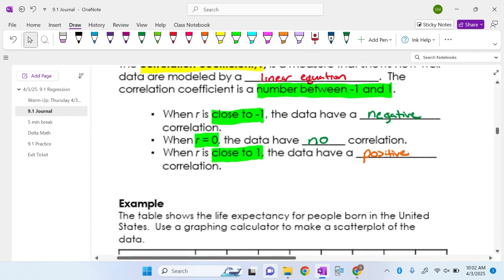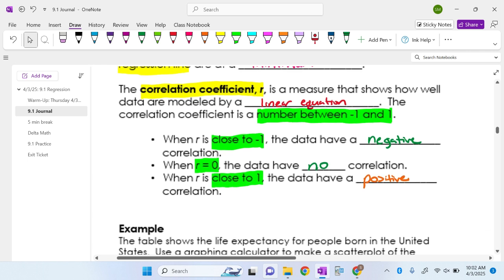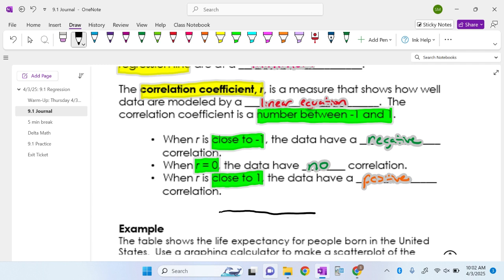Now, the strength of the correlation can be determined by two different aspects. It can be determined by looking straight at the scatter plot, or by how close the R value is to 1 or -1 on either side. If we're looking at the R value itself, let's just say I had it on a number line.